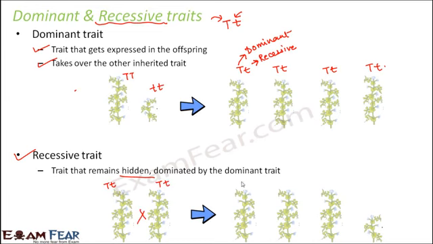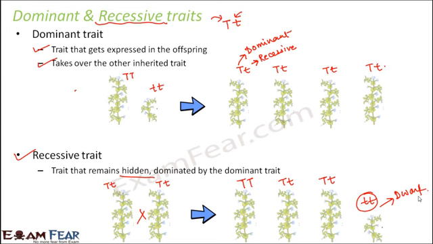When these two were crossed, some of them were homozygous, some of them were heterozygous. Whichever was heterozygous, again the recessive trait got hidden. But for some, both the alleles were recessive, that is, both the alleles were for the dwarf trait, and that is why this plant was dwarf.